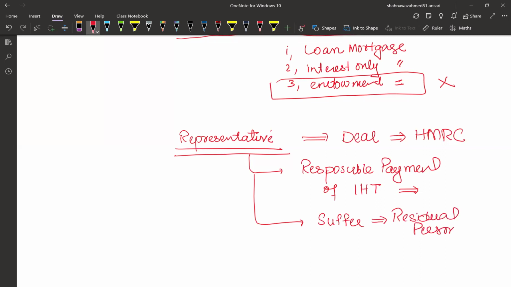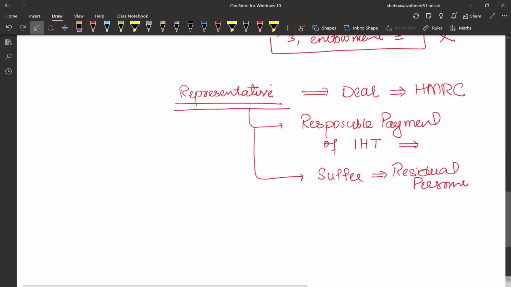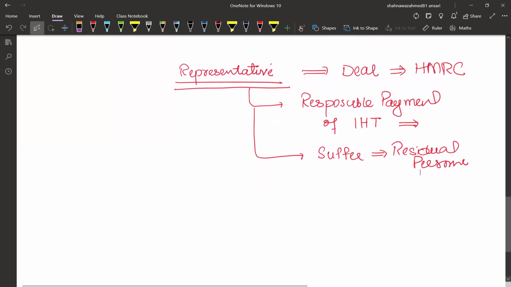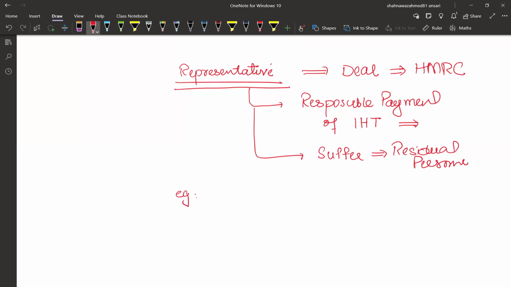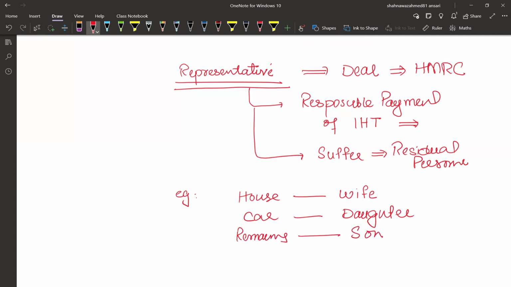The death estate might be given to the spouse, some part given to a specific legacy, a specific person, or the remaining might be given to the residual person. For example, suppose a person has nominated the house to his wife, the car to his daughter, and everything else remaining to his son.